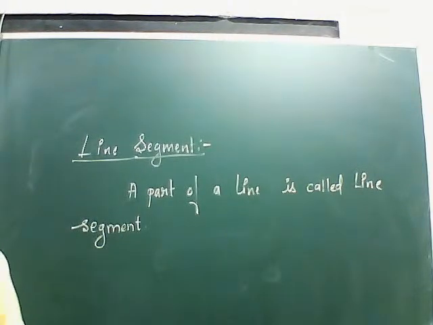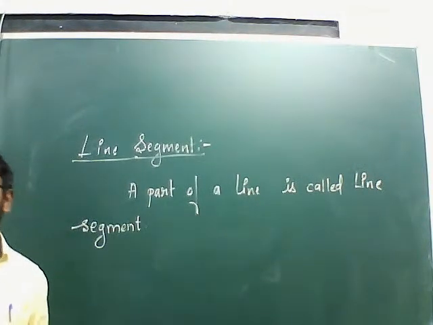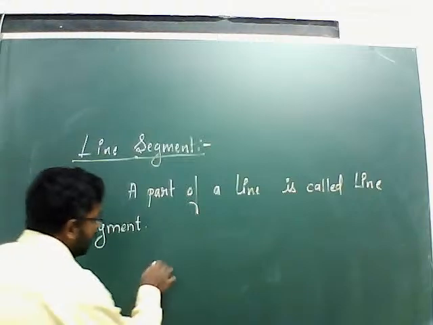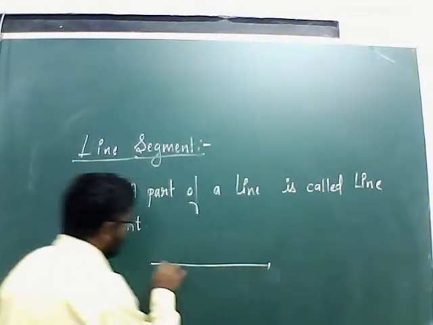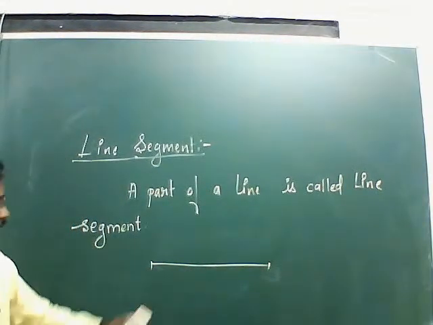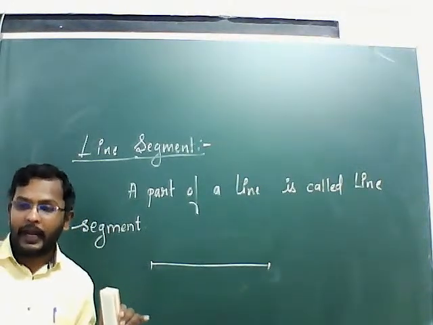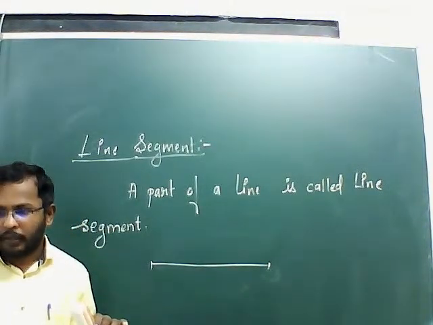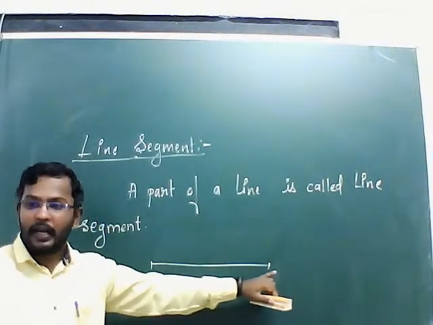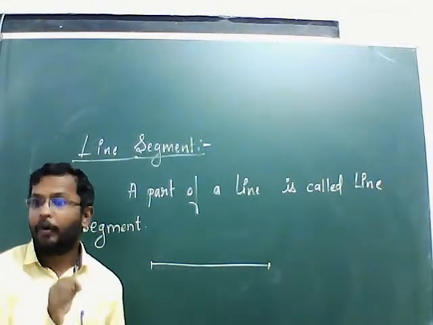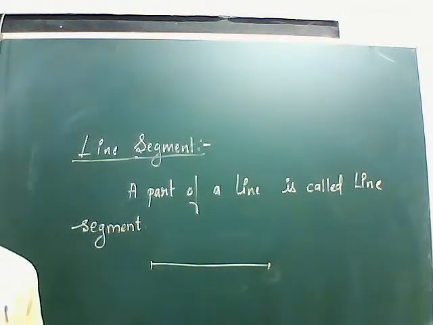Okay. So now, in order to write a line segment, how to write? Draw a line, and we should have two ends, and those two ends we have to name. So these are the corners, and corners means these are the points, end points, and these end points we have to name. And how to name it?